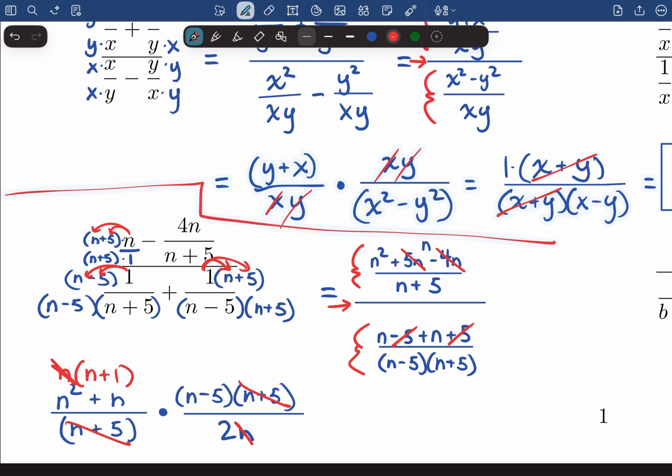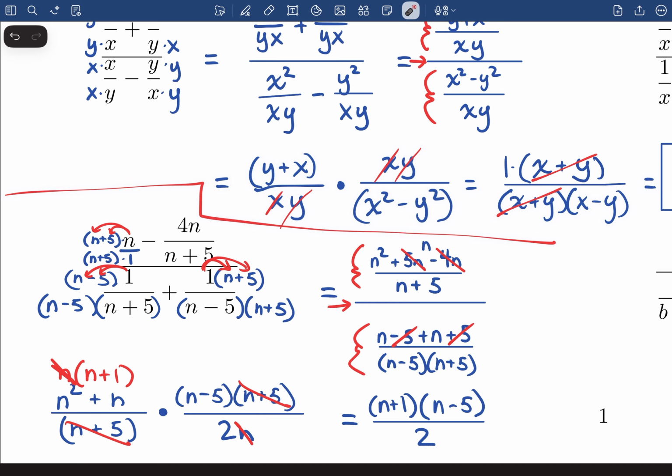Okay, so I've gotten cancellations to occur. And now I'm going to write my final result with the remaining factors. Okay, so I've got this fraction that I now have as just a single fraction, and it has n plus 1 and n minus 5, and those were the only factors left in the numerator, and then 2 on the bottom, right?